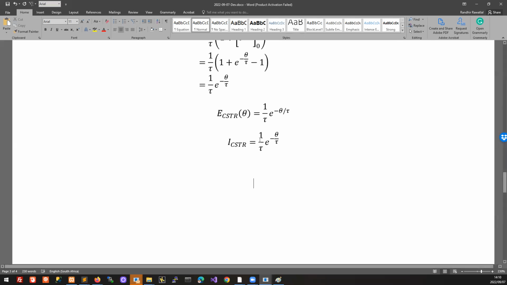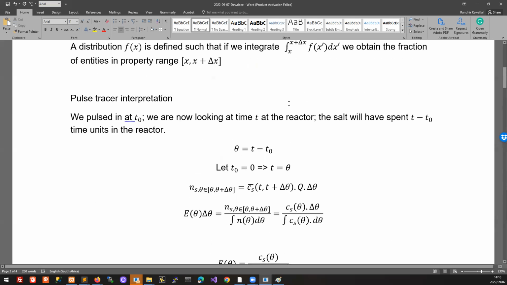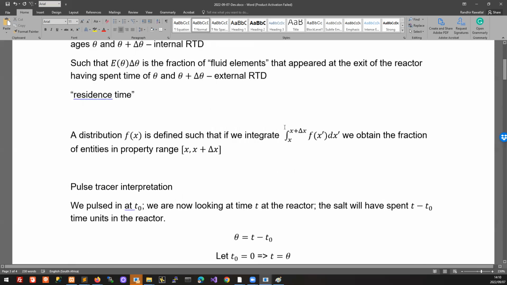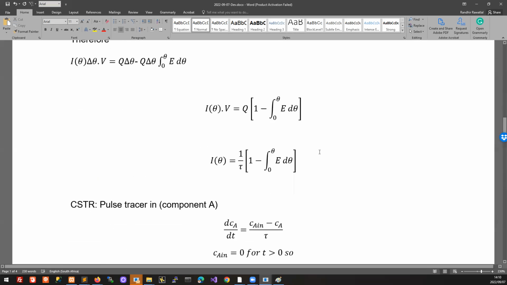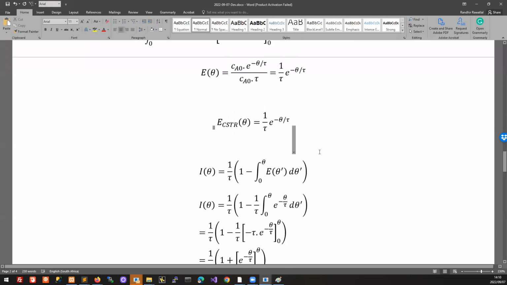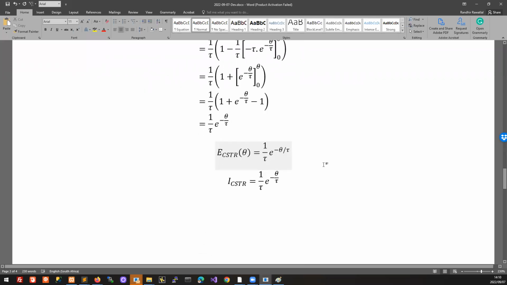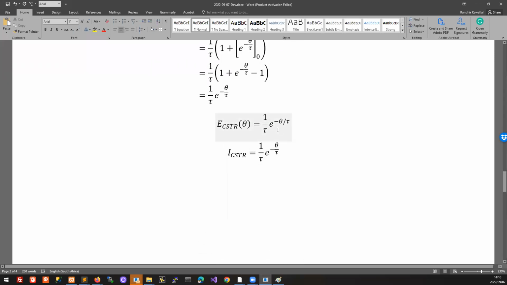The reason we are still sticking to the CSTR and all of that is that before we jump into the really imperfect mixing types, we want to check our theory. We've derived certain expressions and relationships between E and I, and as yet we don't have full confidence that this theory holds up. So we want to test it against the cases we do know. That's why we are still doing this.